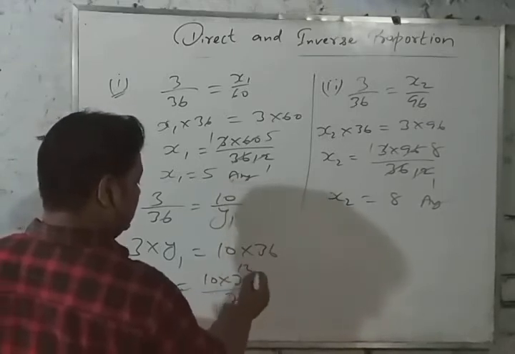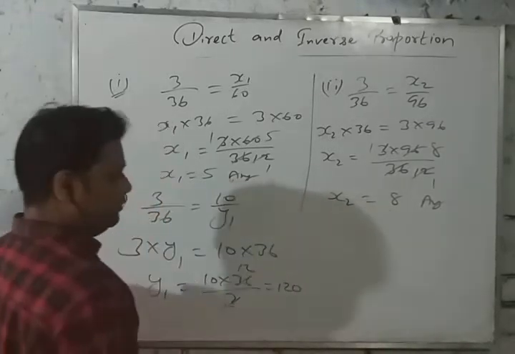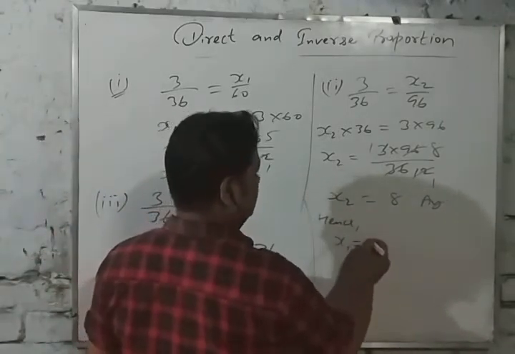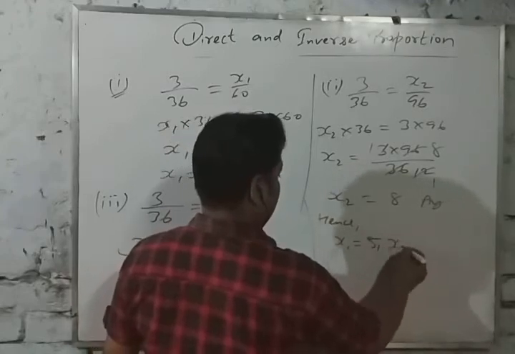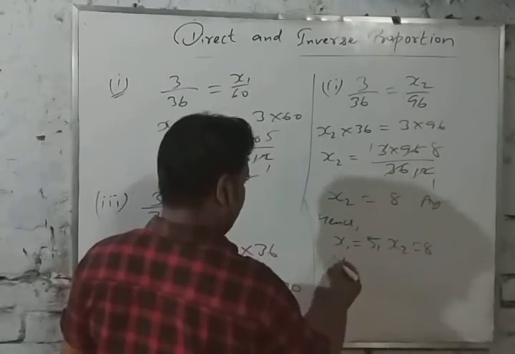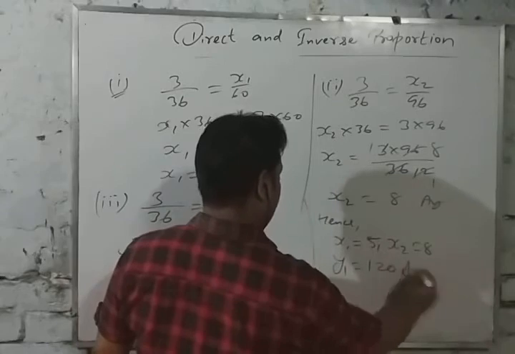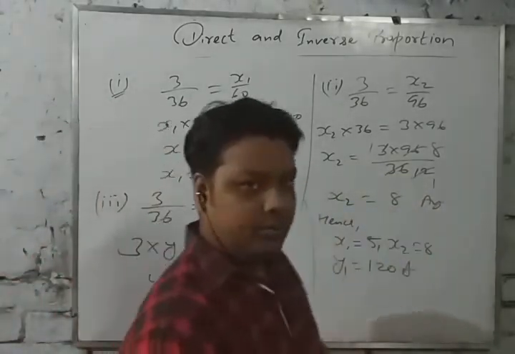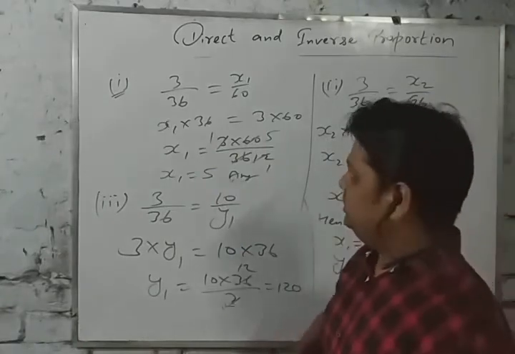That is 12 times 10, 120. Hence we can say that x1 is equal to 5, x2 is equal to 8 and y1 is equal to 120. So if x and y are directly proportional, then we use fractions.